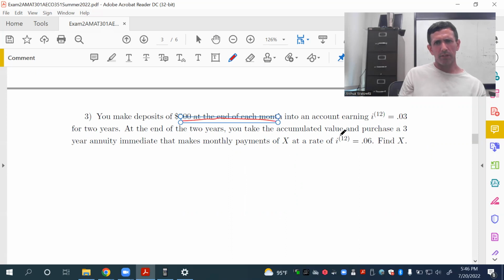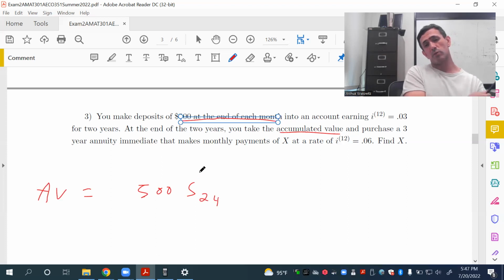Okay, so we're going to take the accumulated value. We want the accumulated value. So 500, there's 24 monthly payments. It's at the end of each month, so it's annuity immediate. Same thing with the other annuities we've been dealing with. This exam, payments are at the end of each period, year, whatever.